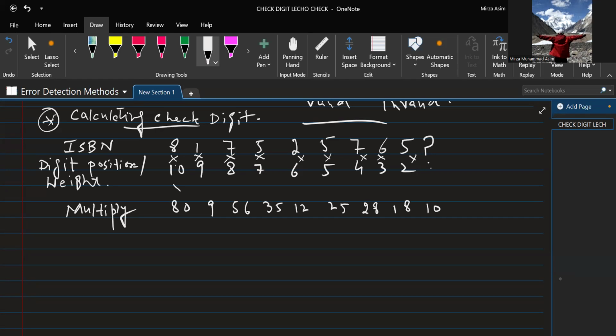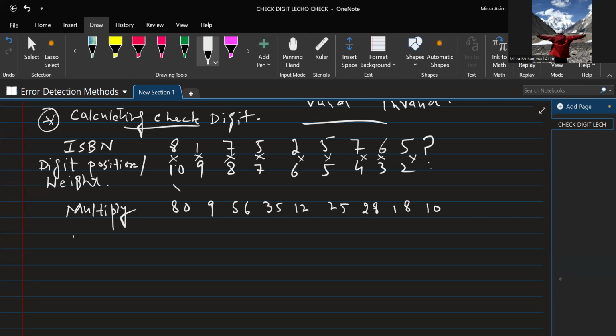The first step is determining the weight of every digit, and the second is to multiply every digit position or weight with the product number. And the third step is to multiply.